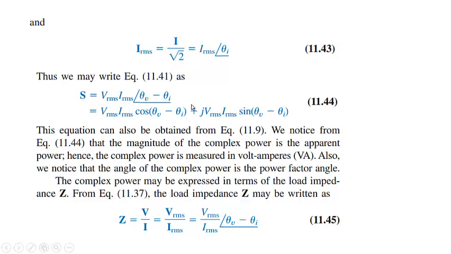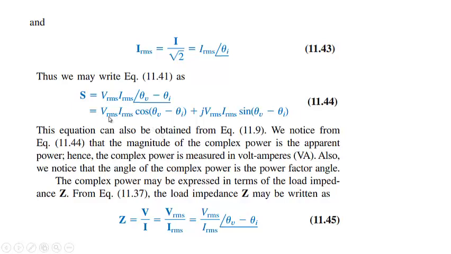Changing them to the rectangular form, it is equal to Vrms Irms cos of theta V minus theta I plus j Vrms Irms sin of theta V minus theta I.